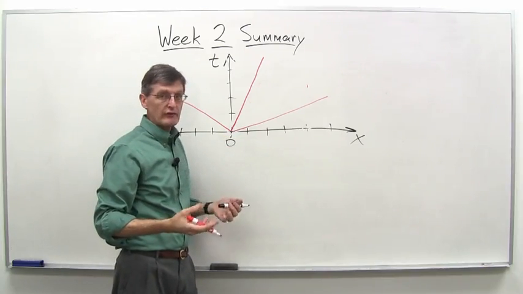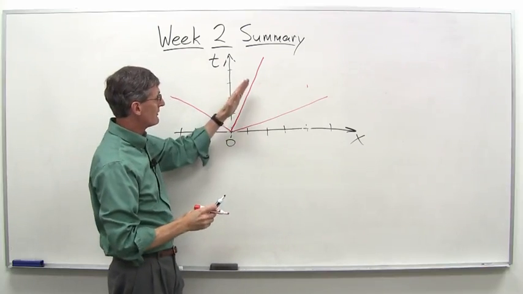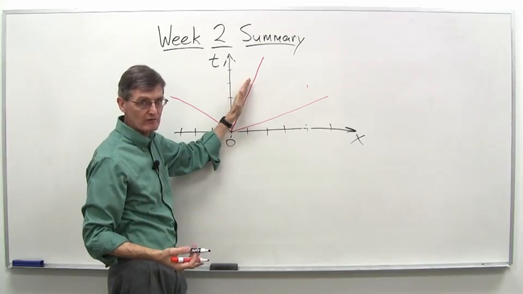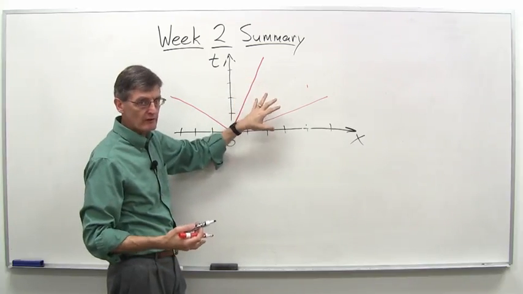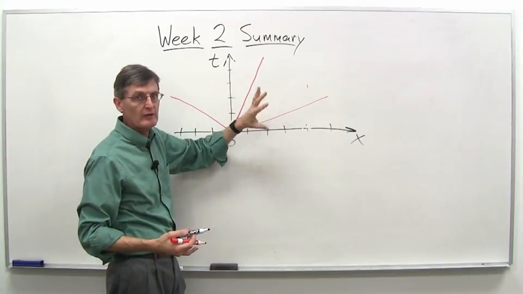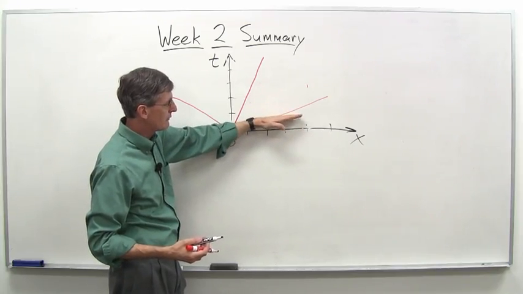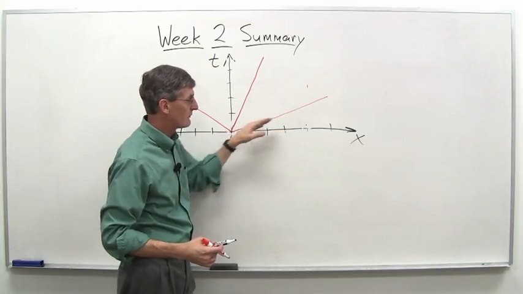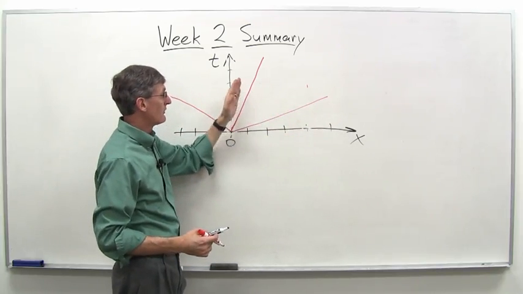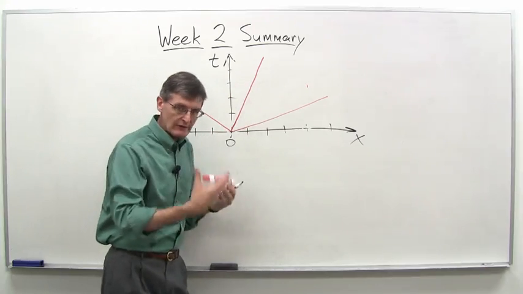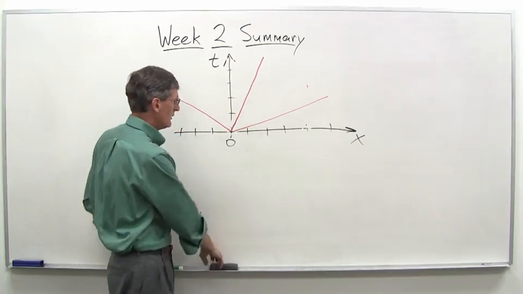So we noted that this is a line with bigger slope than this, because slope, remember, is rise over run. Velocity on our diagrams is run over rise, the inverse of the slope. So smaller slope on our space-time diagrams means something that's going faster, versus bigger slope means something that's going slower. So that's how velocity works on our diagrams.